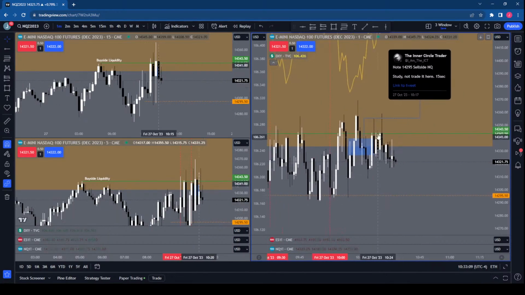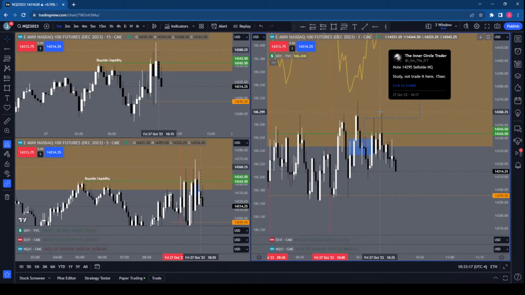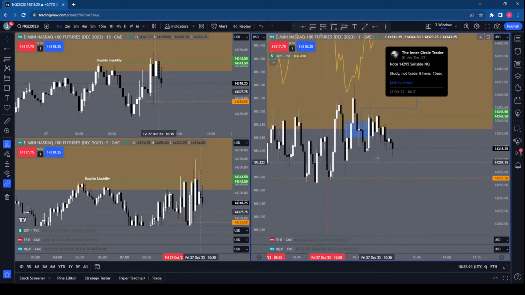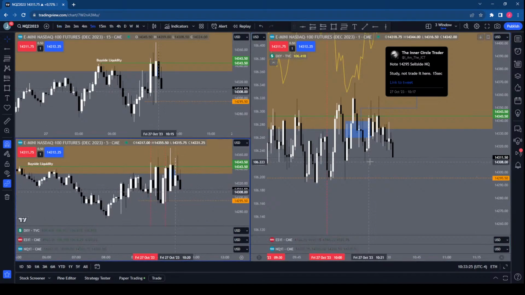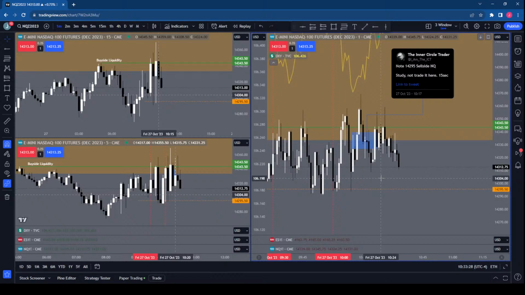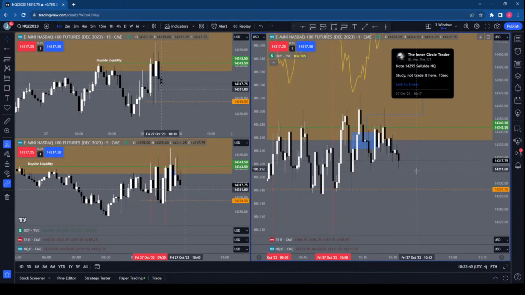So I'm predicting that price will take this level, but it will not reverse past these highs before taking this level. Now we could come and take this level and turn around, but right now our if-then statements are, if this does that, if this does that, then I'll do this down to here.